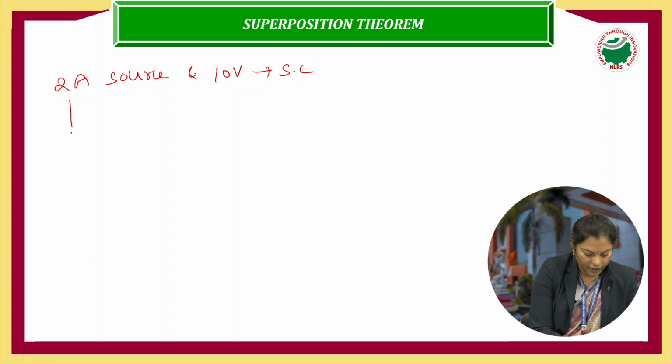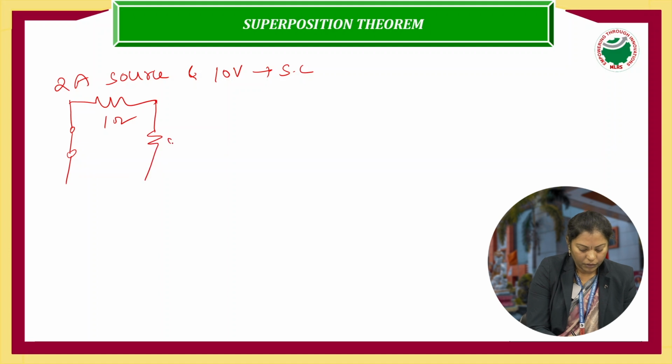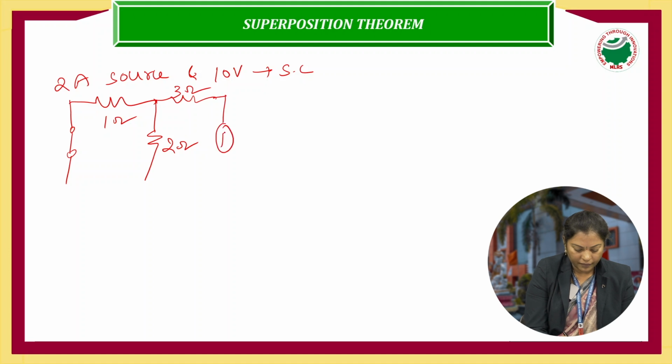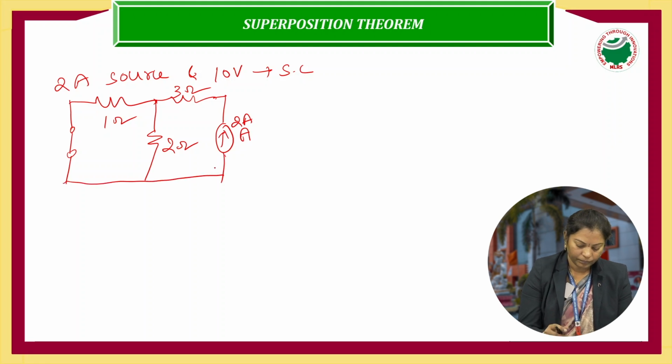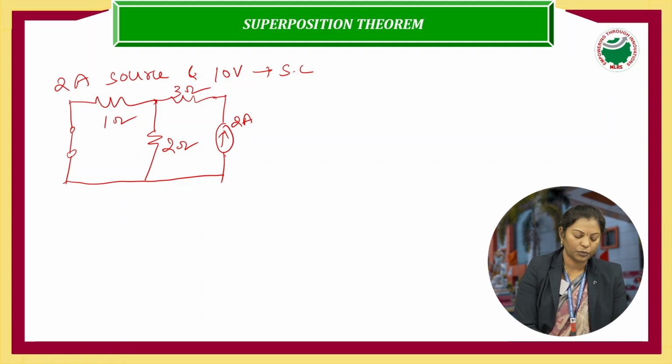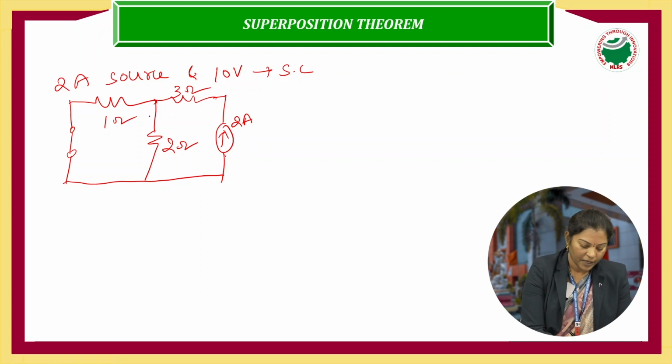Then the circuit becomes: it is short circuited, and here we have the 1 ohm resistor, the 2 ohm resistor, and again the 3 ohm resistor, with the current source of 2 amperes. Now, because of the 2 ampere source, what is the current in the 2 ohm resistor?